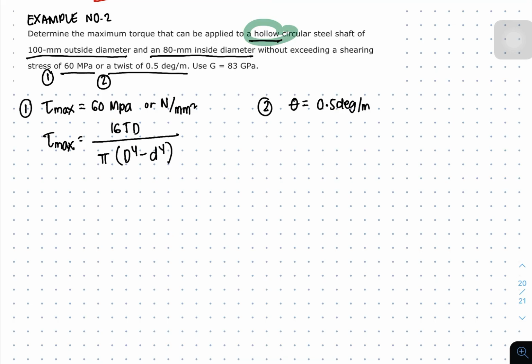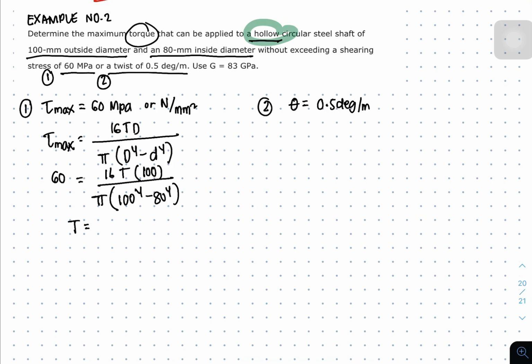So our maximum shearing stress is 60 MPa equals 16 times the maximum torque times the outside diameter of 100 mm all over pi times 100 to the fourth minus 80 to the fourth.